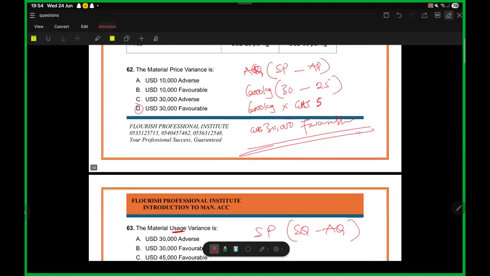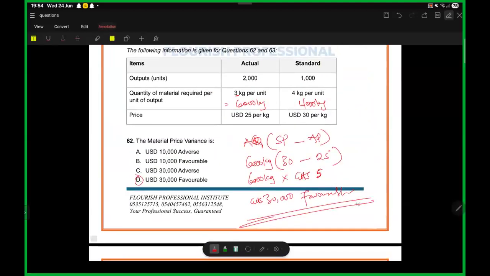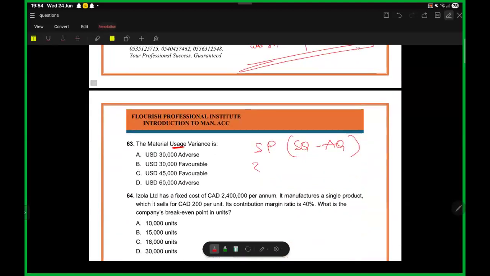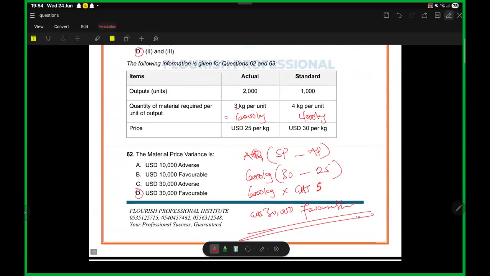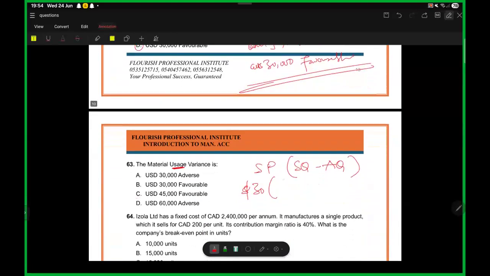So this one is very simple. Standard price is $30, into bracket. Standard quantity I've already calculated here, which is 4,000 kg, minus actual, which is 6,000 kg.